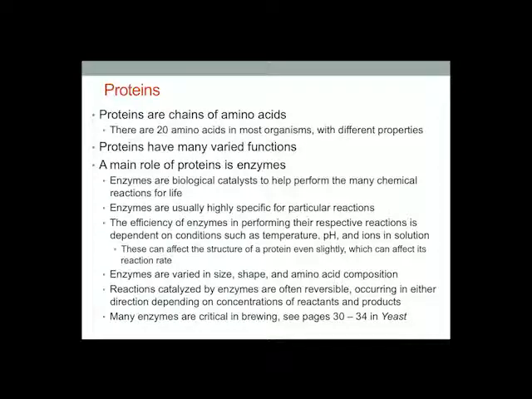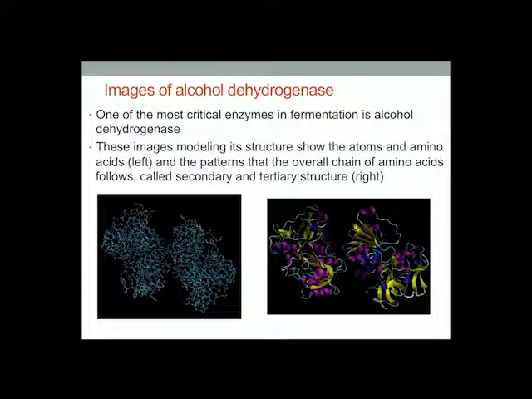One of the most important ones in brewing is the enzyme called alcohol dehydrogenase. I wanted to highlight that a little bit. This is basically what makes yeast fermentation work, so a lot of study has gone into it.